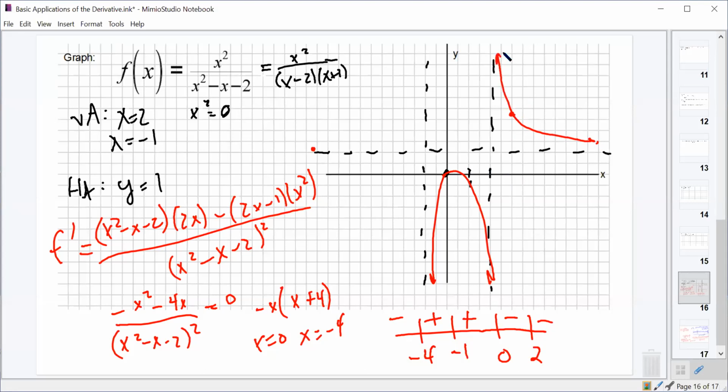And then same thing over here. Somewhere over there, we're going to be concave. It's concave up. We're going to approach that asymptote. I didn't plug a point in, but that's basically what this graph is going to look like.